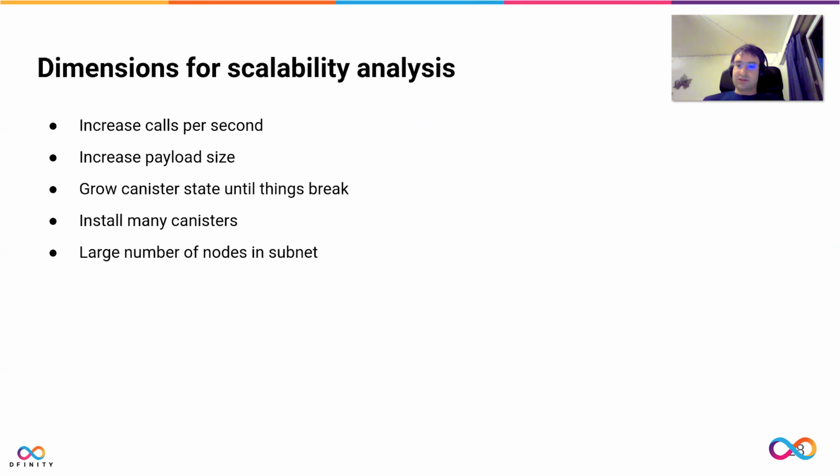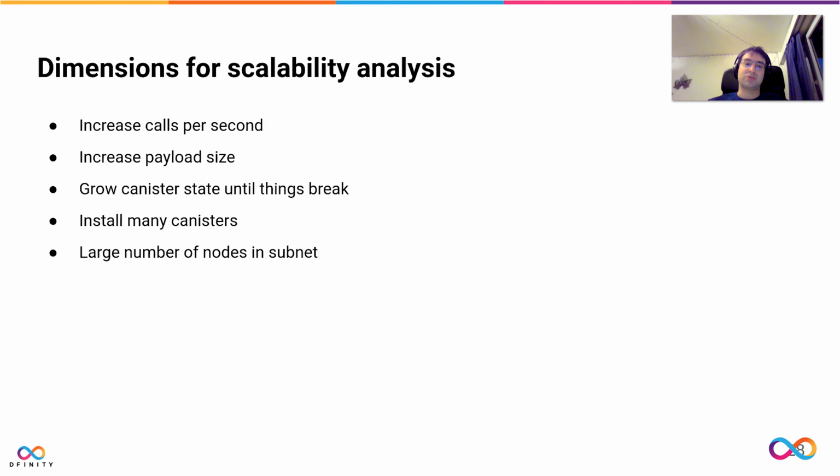On top of the canister and the logic in the canister, we can then choose the dimensions that we want to scale out. For example, some of the typical things we do is increase the number of requests per second for these canisters, or increase the payload size of the messages we send. We can also grow a canister state until things start failing and see what sort of problems we see there.